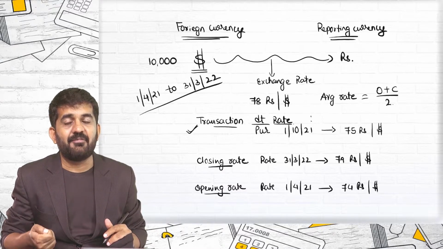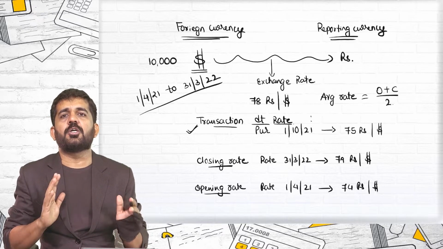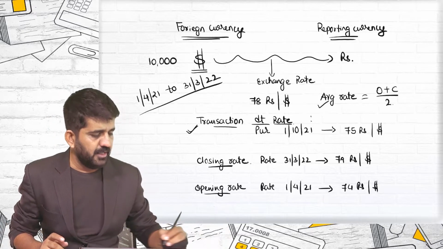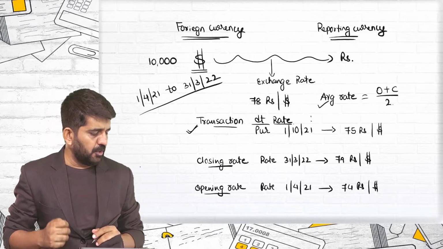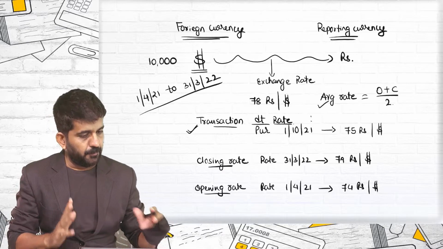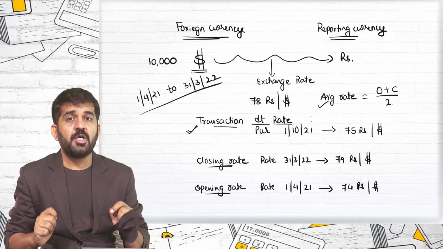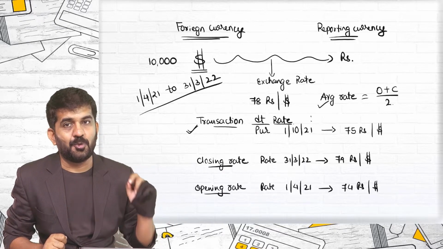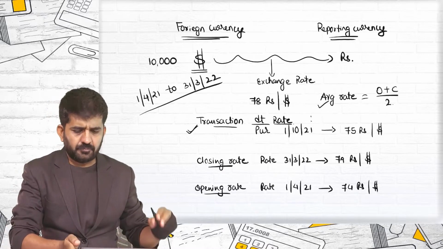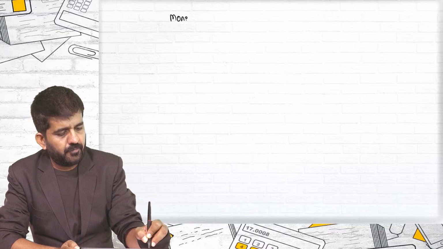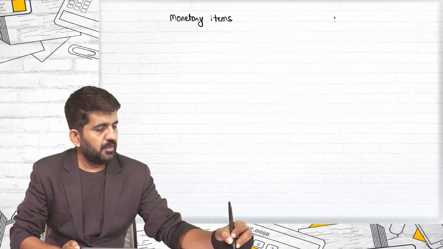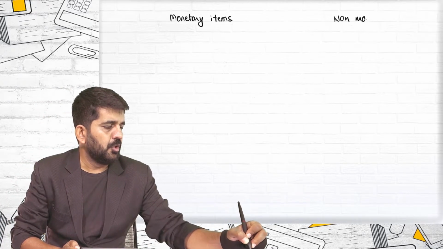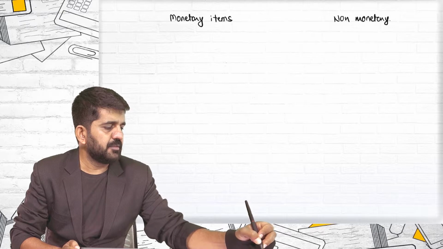Even AS 11 permits this, if the rate is not fluctuating much. So we have transaction date rate, closing rate, average rate and opening rate. These points will be important when we convert our foreign branch trial balance into Indian rupees. Next and most important is monetary items and non-monetary items.